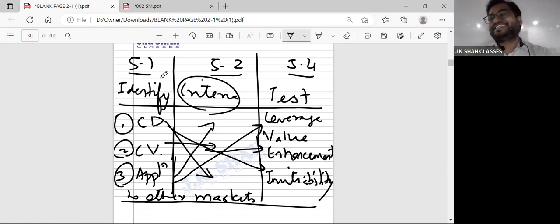Criteria. 5.1 is how to identify core competence.